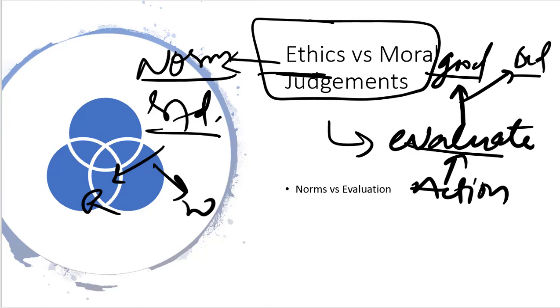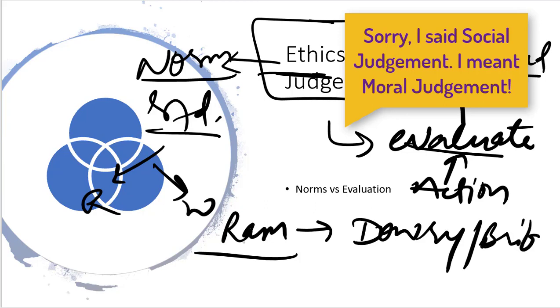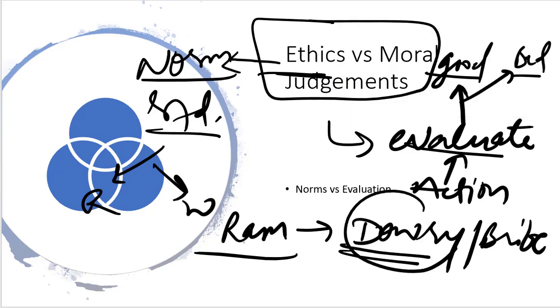For example, Ram says that dowry is a social evil. Now here he's making a moral judgment of an action, that is, taking dowry or taking bribe. Now these are actions. When you see these actions from a moral standpoint and you make a judgment whether an action is good or bad, whether an action is positive or negative, then you're making a moral judgment.